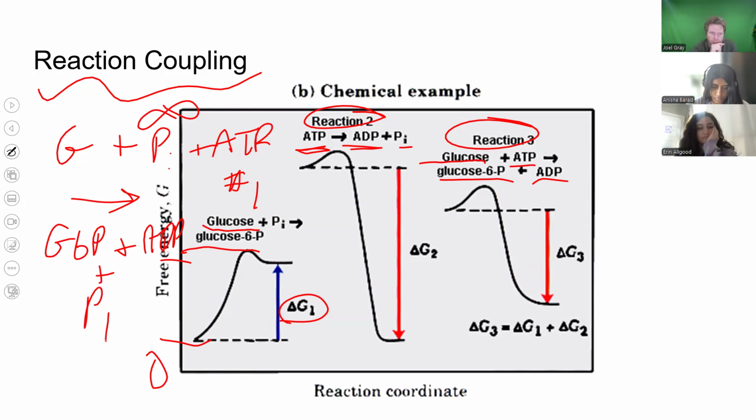What I want you to see here is that inorganic phosphate is present on both the reactant and the product side. So I'm going to scribble that out. Now my reactants from my combined reaction are glucose and ATP. My products are glucose 6 phosphate and ADP.